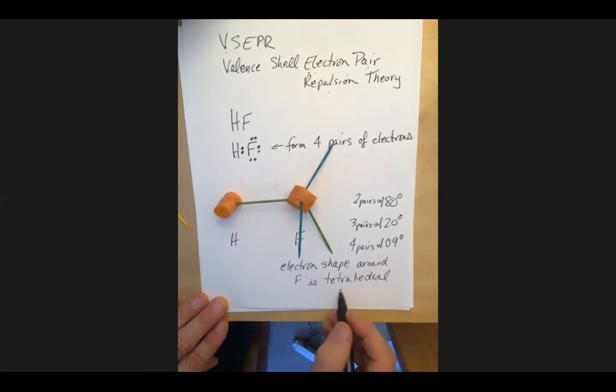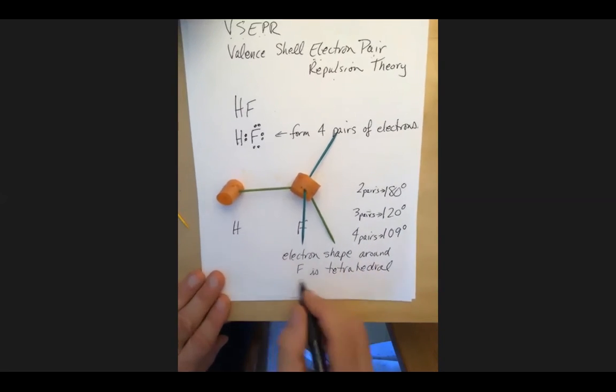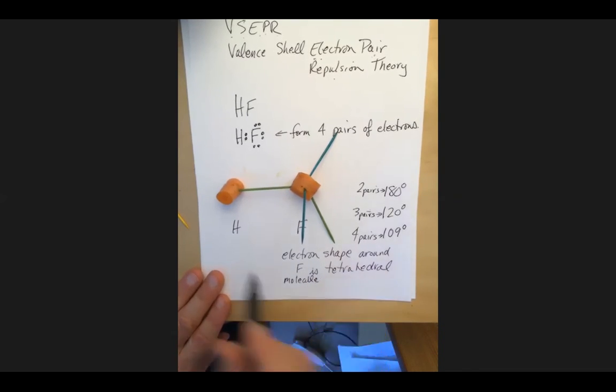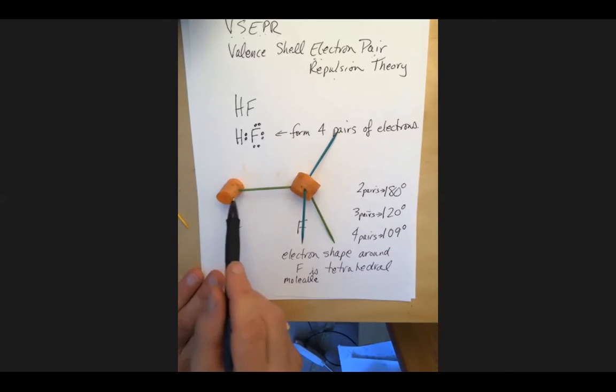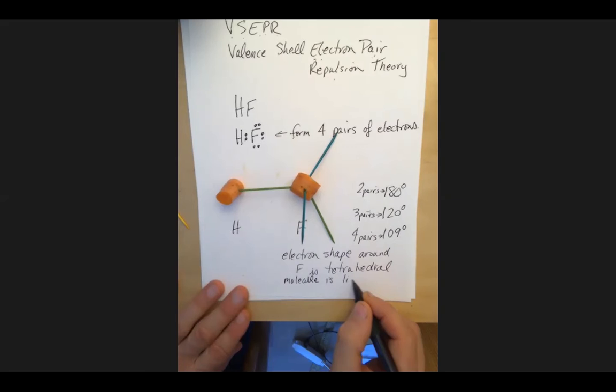Tetra meaning 4, right? So it's a 4-sided shape, tetrahedral. But the molecule, looking down the axis between the hydrogen and the fluorine, the molecule is linear.